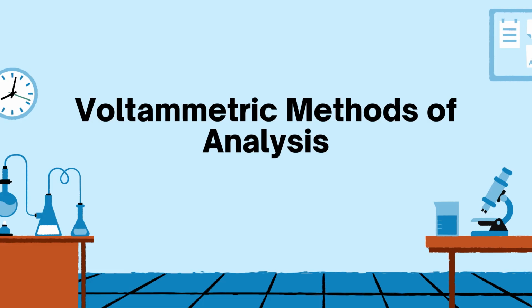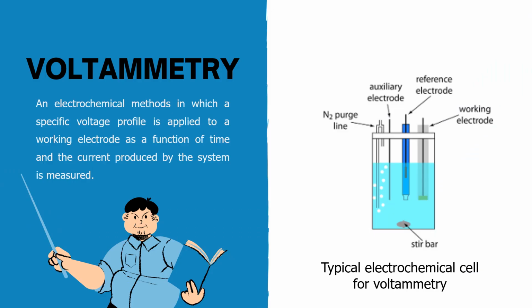And now, let's discuss the voltammetric methods of analysis. So, voltammetry is a method in chemistry used to study how substances respond when electricity is applied to them. So, imagine a solution containing a substance under investigation.